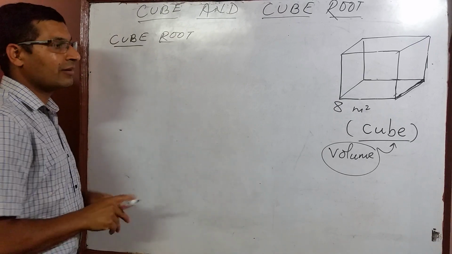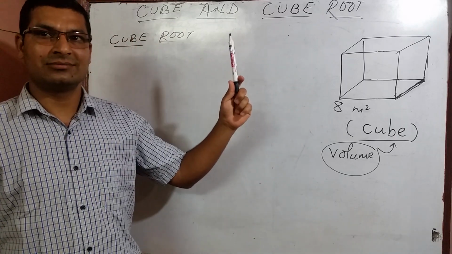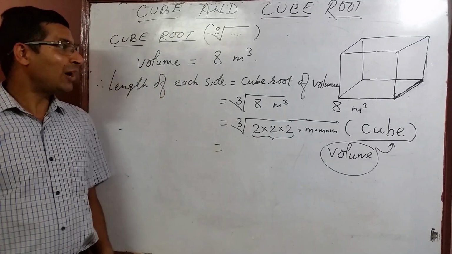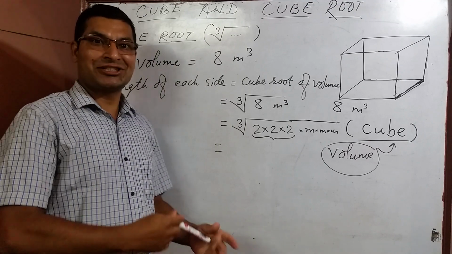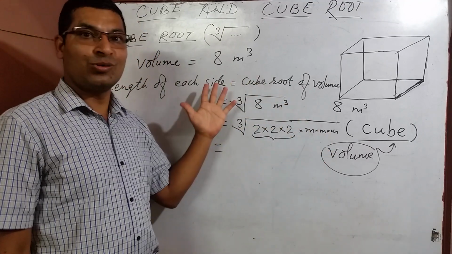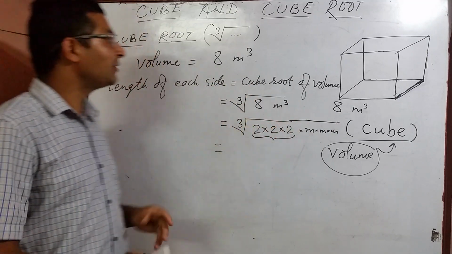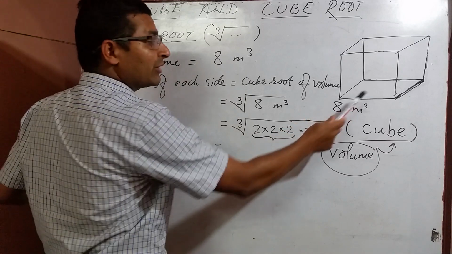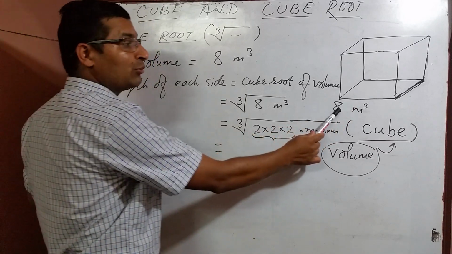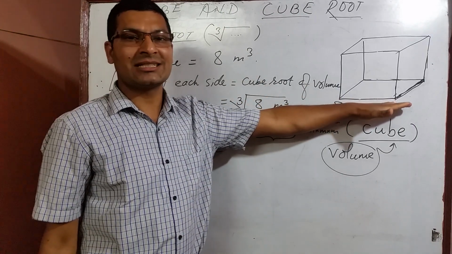Now let's discuss about the relation between the volume and length of a cubical object. Like for this cube, suppose the volume is 8 meter cube, what will be the length of each side?